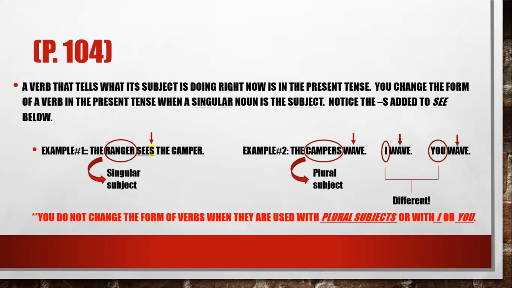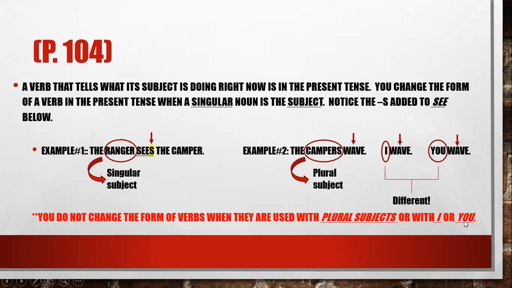I and you will be treated as if they were plural subjects, okay? So when you have a plural subject and when you have I or you, the form of the verb does not change. And it's important for you to remember that, okay?